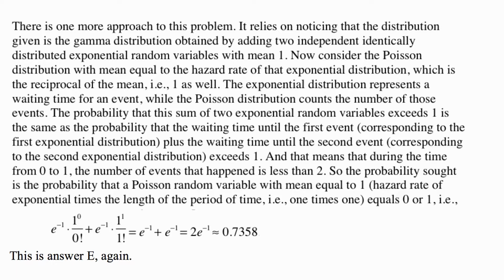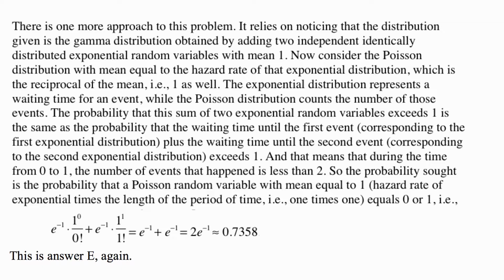And when you add two of those, independent, identically distributed, you get a gamma distribution whose density is equal to x times e to the minus x for x greater than 0. In general, if you add n independent, identically distributed exponential distributions, you get a gamma distribution. I do discuss this in more detail in the study manual I wrote for the exam. You should know that for the exam.